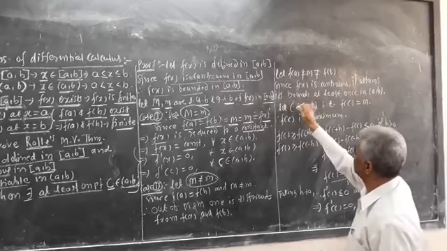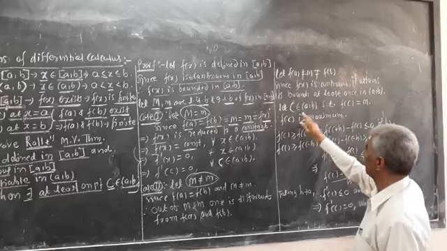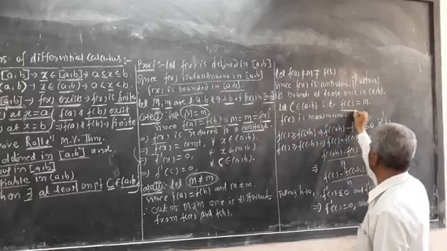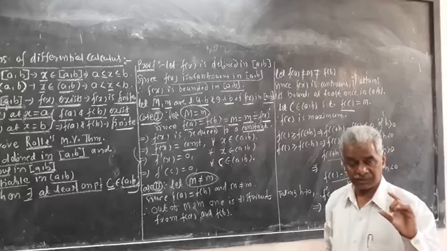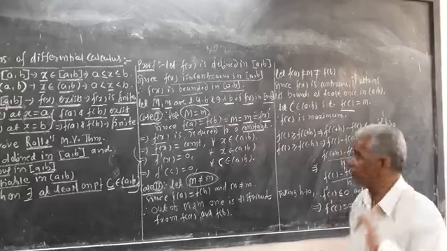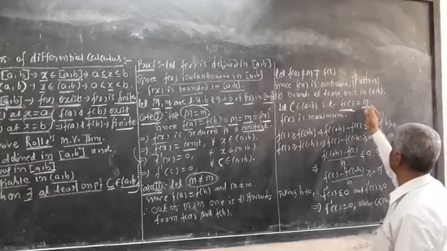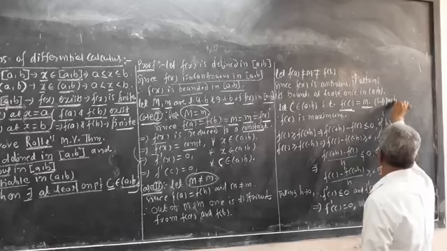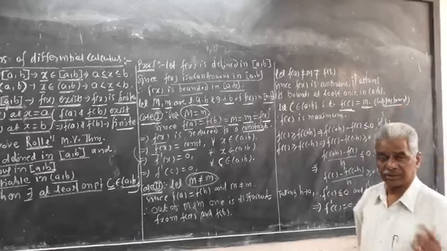And suppose that C is any point belonging to AB, then f of C is going to be the bound. The value of the function at the point C is going to be the bound, and that bound we are going to consider the upper bound, that is f of C is the upper bound.